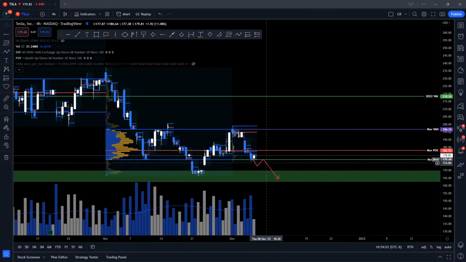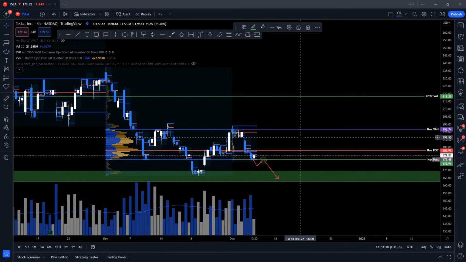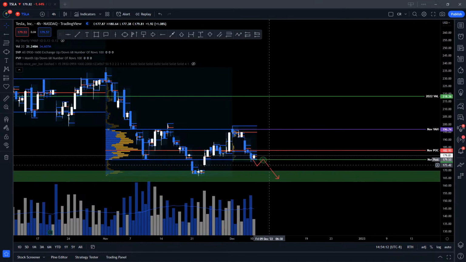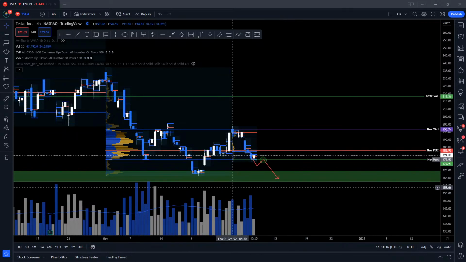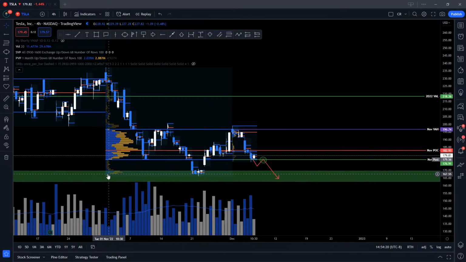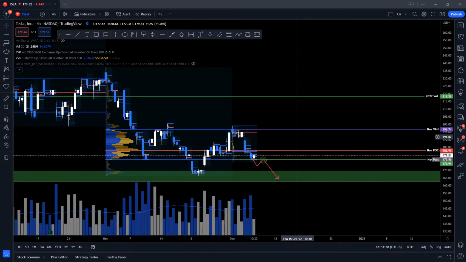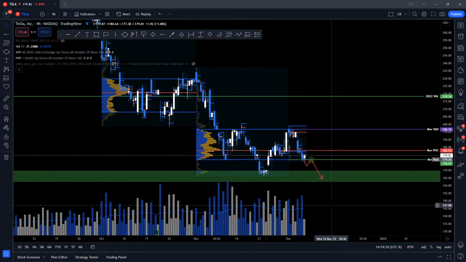I always forget to double click. If we can get this retest here on a short entry, this will be nice and clean all the way down to this demand. And once you get to this demand, and you can even see we've got a nice volume shelf here, we can grab calls up. So I would love to take this short down and then calls back up from this demand zone.